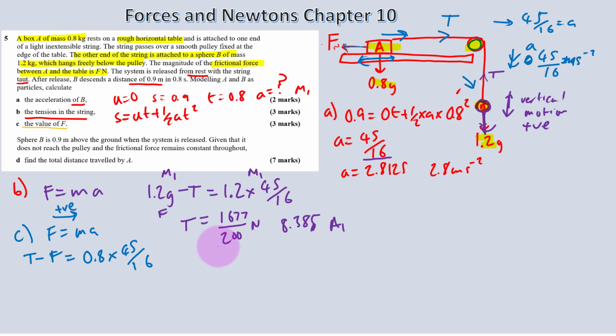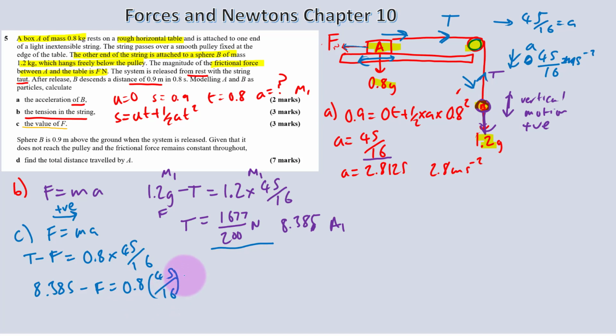Now we have tension, because the tension on this rope is going to be the same because it's treated as one singular system. So however you want to do that, 8.385 minus F equals 0.8 times 45 over 16.